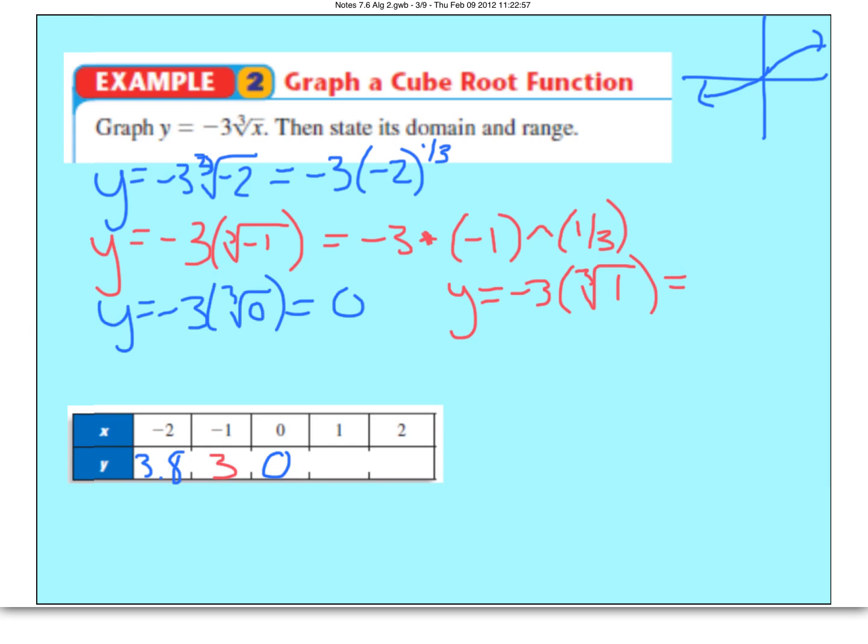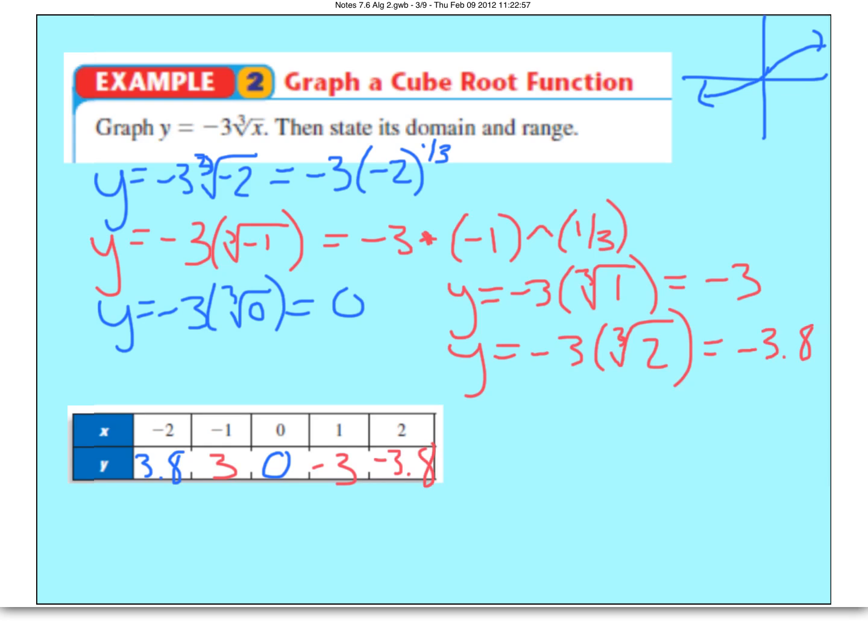By the way, the cube root of 1, what number 3 times is 1? Well, that's 1. 1 times negative 3 is negative 3. And then the last one is going to be putting in a 2. I'm going to use my calculator for this one. And when I do that, I get negative 3.8.